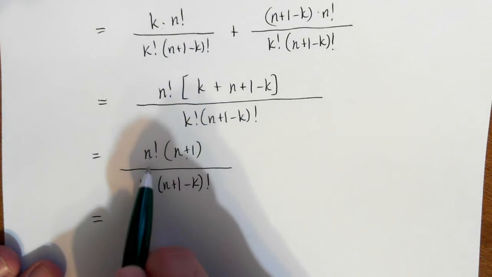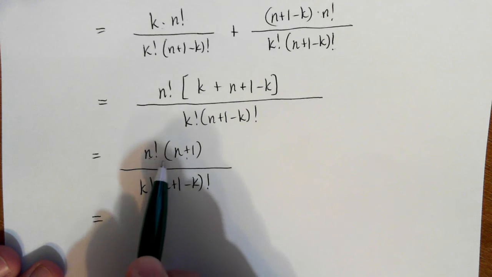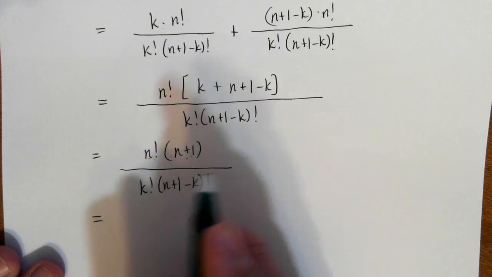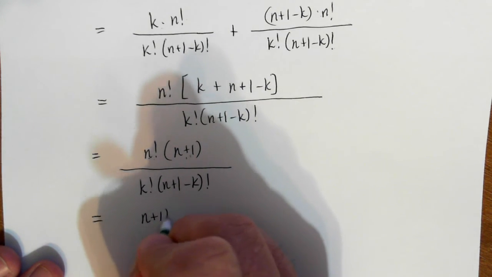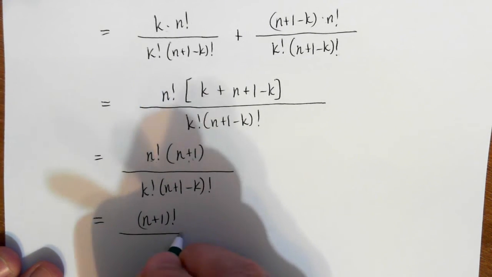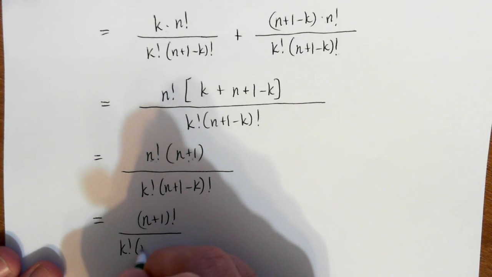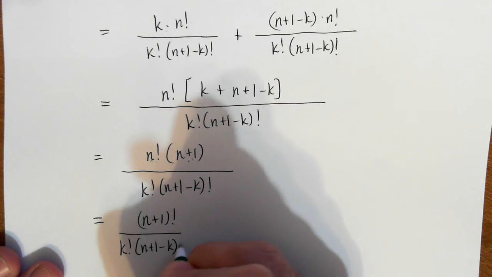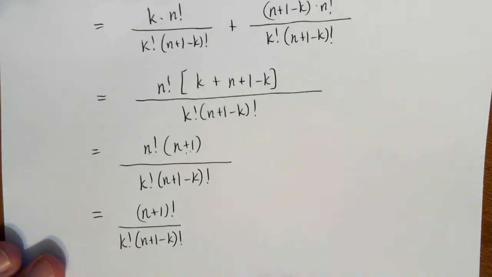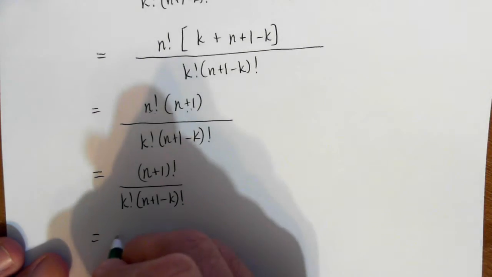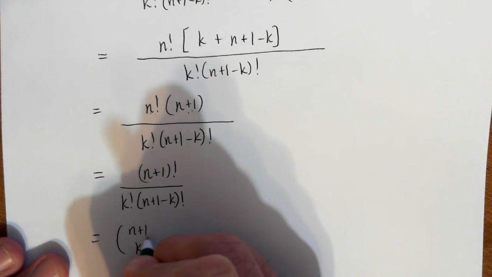And on the top, here are the numbers 1 through n being multiplied together. Then I multiply by the next term, n plus 1. That gives me n plus 1 factorial over k factorial times n plus 1 minus k factorial. And by definition, that's equal to n plus 1 choose k.